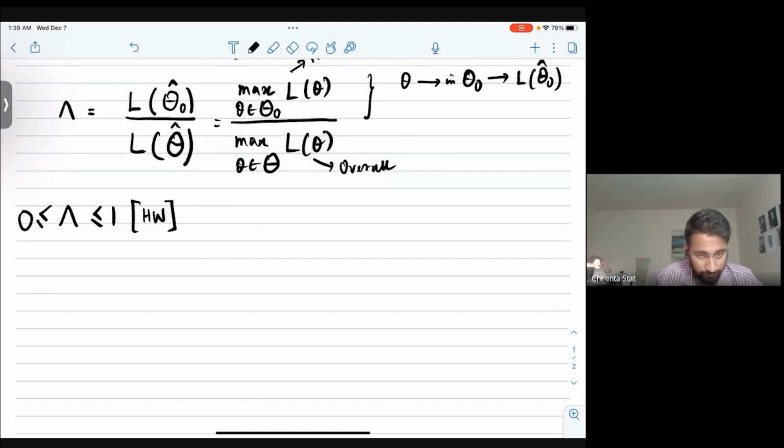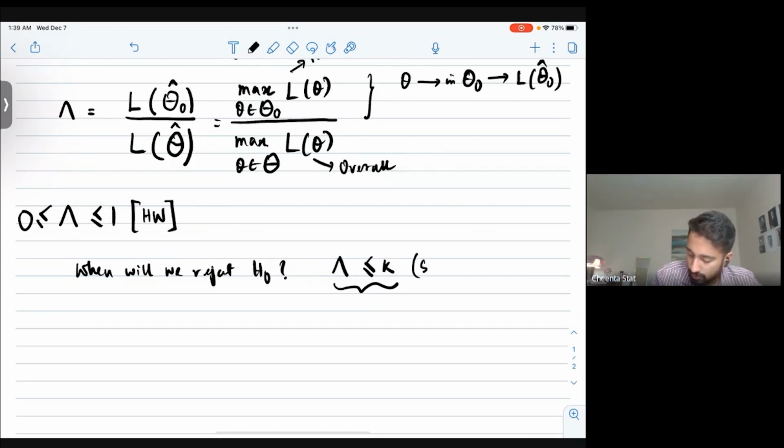So now, when will we reject H0? We reject H0 if this quantity is very small, less than or equal to a certain quantity. Why?